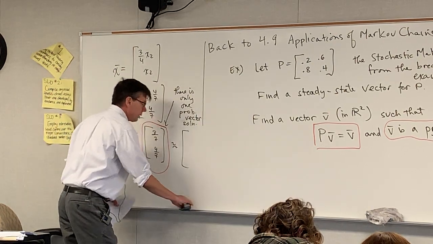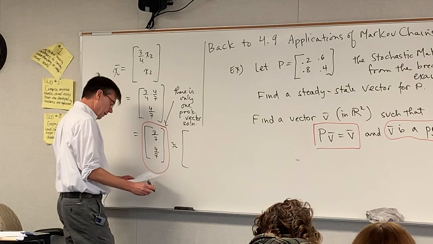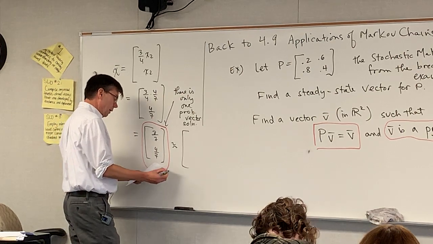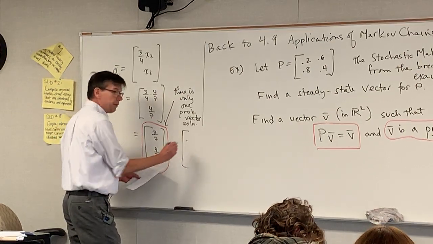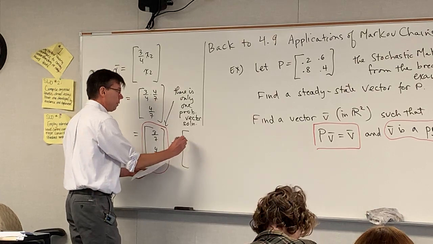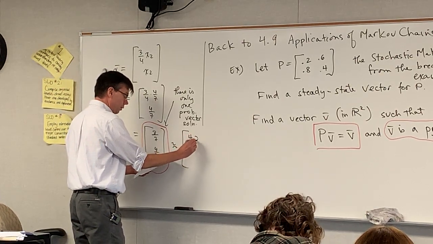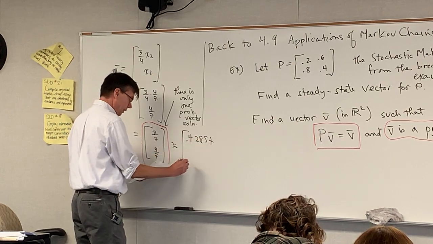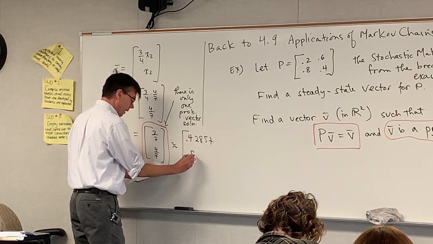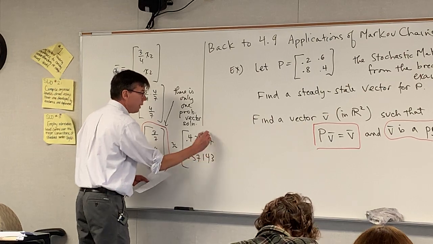Go around for ourselves. 3/7 as a decimal is approximately, because it has an infinite repeating decimal expansion, 0.42857, and 4/7 is 0.57143.